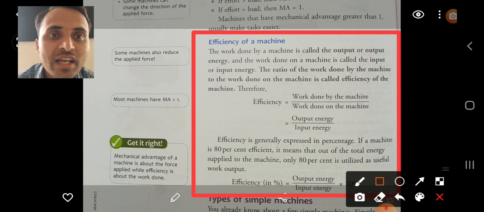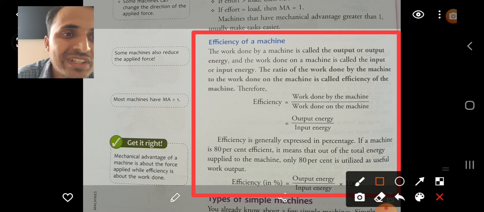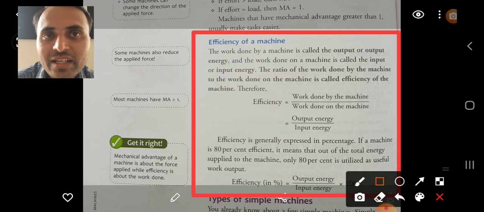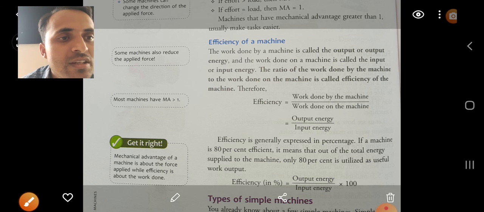How much force you apply is related to the mechanical advantage, and efficiency is related with the work done, how much work is done or created finally. So try to understand the two different things, that is the mechanical advantage and efficiency of a simple machine.